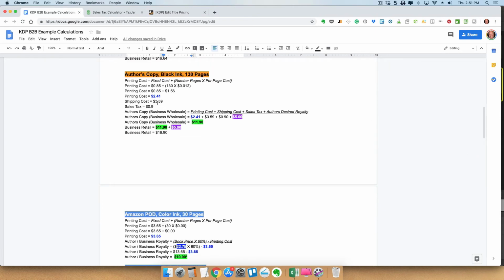So we have the shipping cost, and then sales tax we'll talk about in a second also, but we'll just estimate it as 90 cents here. And so the bill, or how you calculate what you're going to charge your business, is your printing cost plus your shipping cost plus your sales tax.